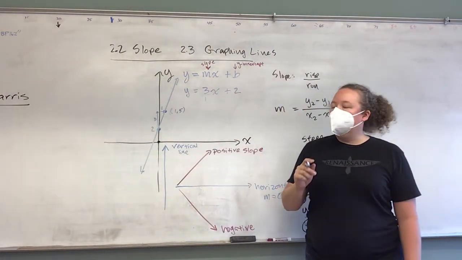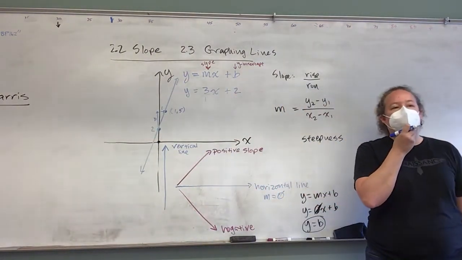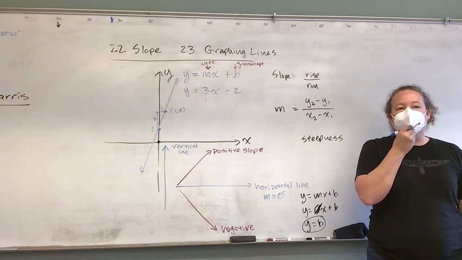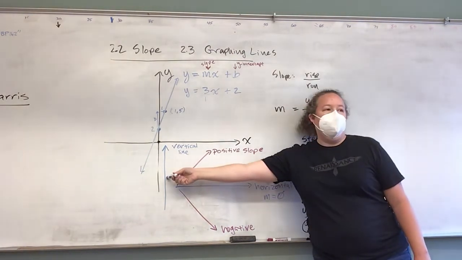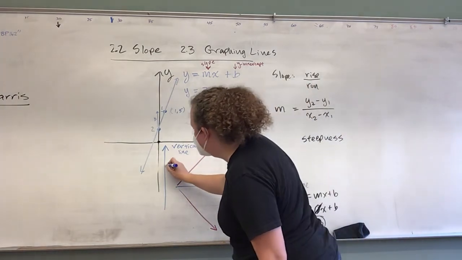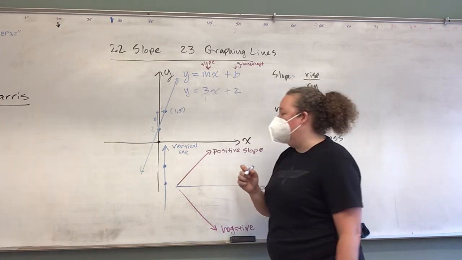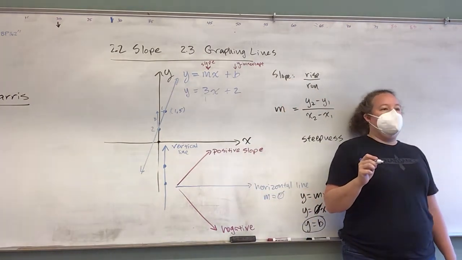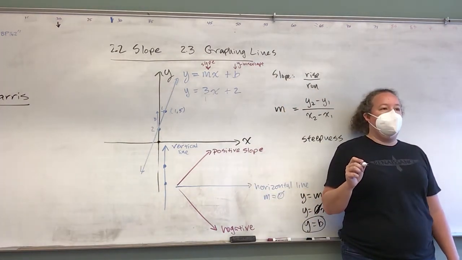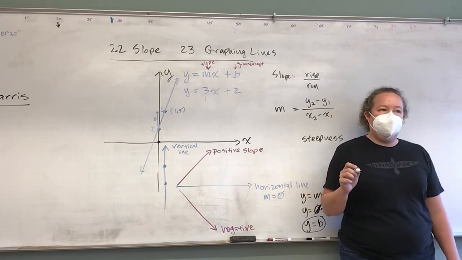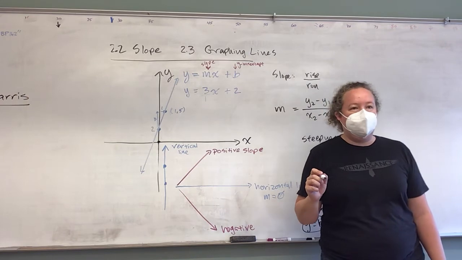All right, if the slope of a line is rise over run, what are we attempting to divide by? If we pick 2 points, let's say we pick this one and this one, and we attempt to divide the rise by the run, what are we attempting to divide by? 0, which we can't do. That's undefined.